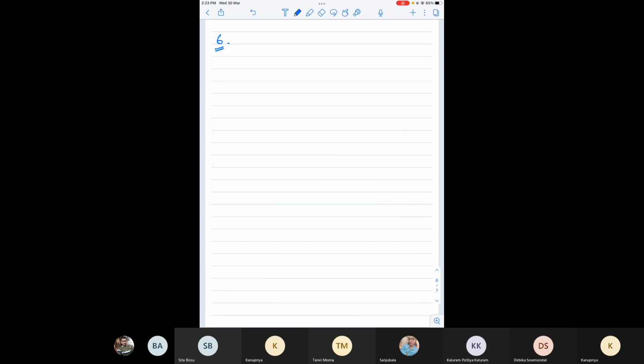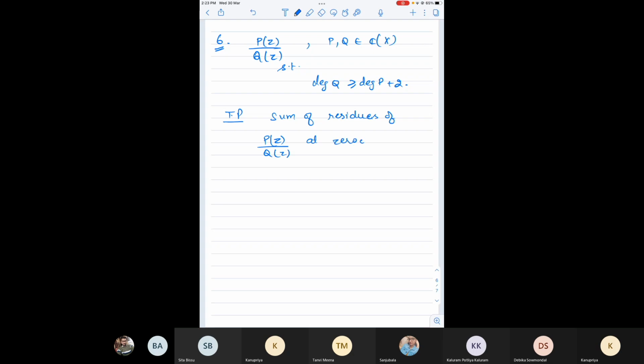Given a meromorphic function p(z) upon q(z), where p(z) and q(z) are complex polynomials, with the property that the degree of q is greater than or equal to the degree of p plus 2, you have to prove that the sum of residues of p(z) upon q(z) at the zeros of q is 0.